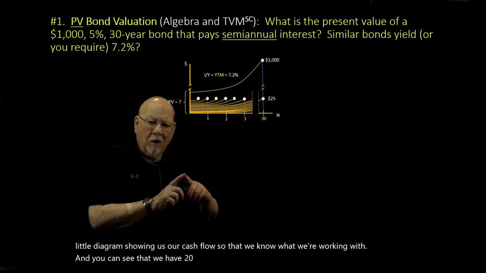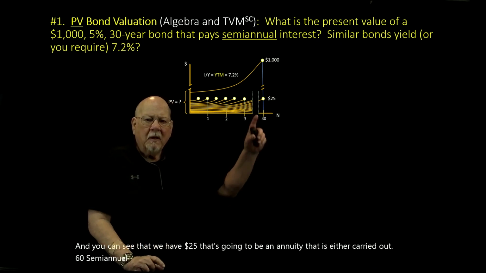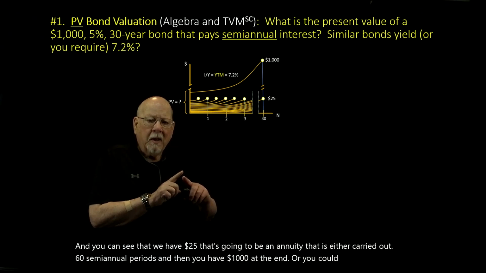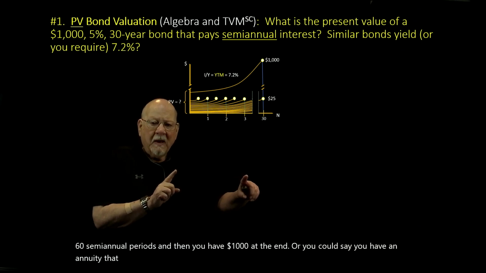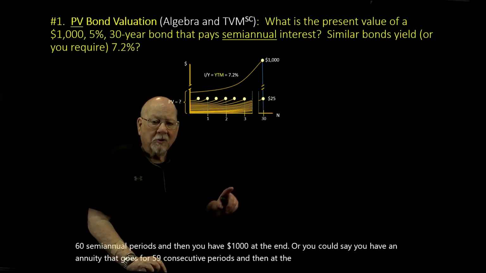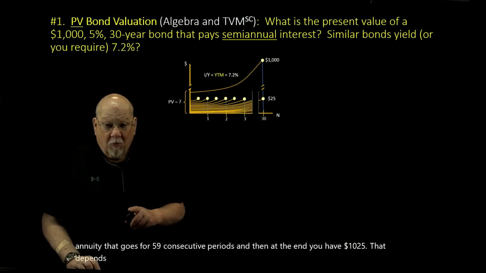That's going to be an annuity that is carried out 60 semi-annual periods, and then you have the $1,000 at the end, or you could say you have an annuity that goes for 59 consecutive periods, and then at the end you have $1,025. That depends upon which worksheet you're working with.